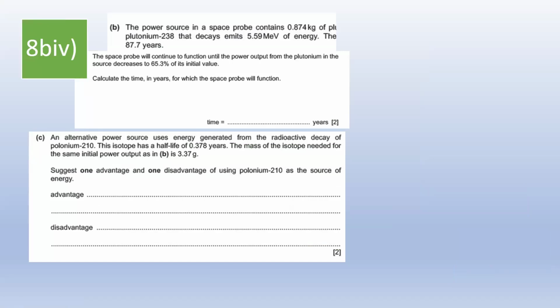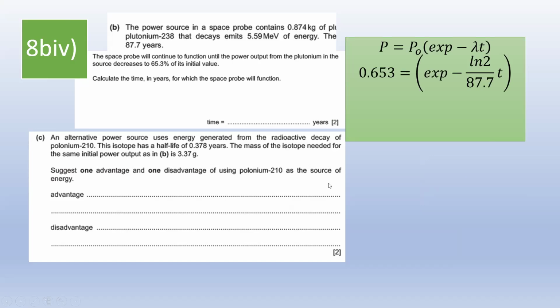The space probe will continue to function until the power output from the plutonium in the source decreases to 65.3% of the initial value. Calculate the time in years for which the space probe will function. And use the decay formula for power. This one is percent change to P over P naught, which is that one there.